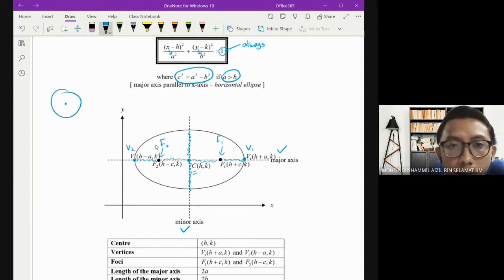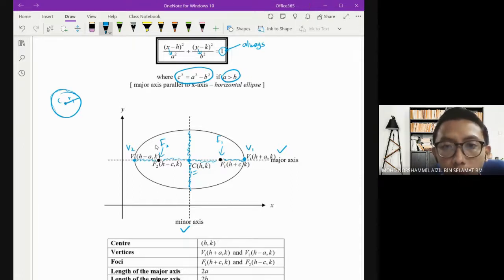Kalau circle, yang membentuk circle tu adalah radius saja, menggunakan center. Dia pusing sampai bentuk circle. Tapi ellipse ni yang membentuk dia adalah foci. Dua foci ni yang membentuk ellipse tu.